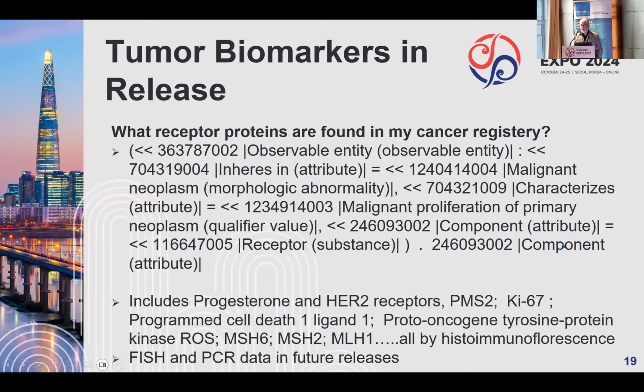So estrogen receptor was the one we looked at here, but if you look through the rest of the material, progesterone receptors, HER2, are both in breast cancer, Ki67, programmed cell death ligand, a lot of technical biomarkers that are in use in cancer medicine, and frankly are important data for cancer researchers.